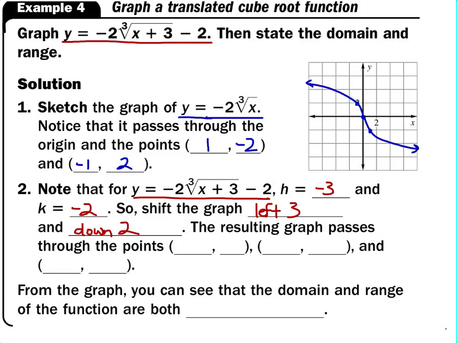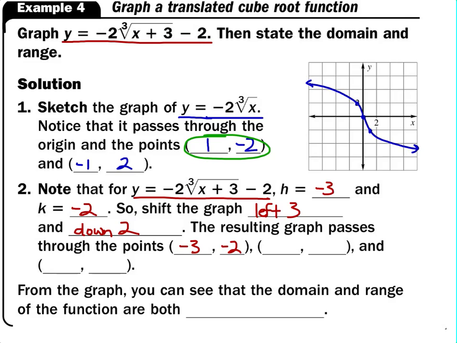The resulting graph passes through the points. Well, let's see here. Now, they first told us about the origin. So if you go left 3 and down 2 from 0, 0, you end up there. Now, the next point they talked about was this point 1 comma negative 2. And we're going to go left 3 and down 2.